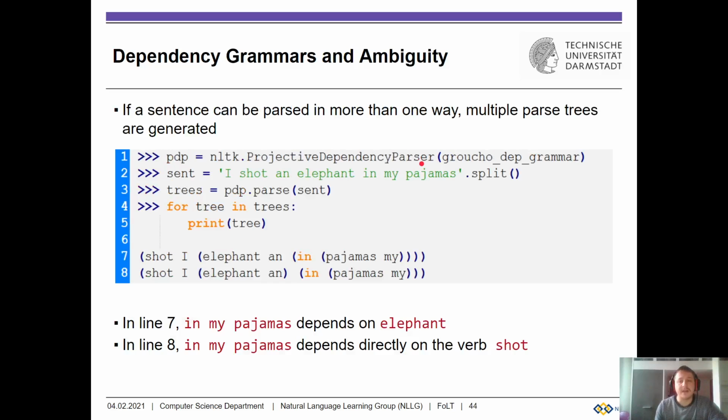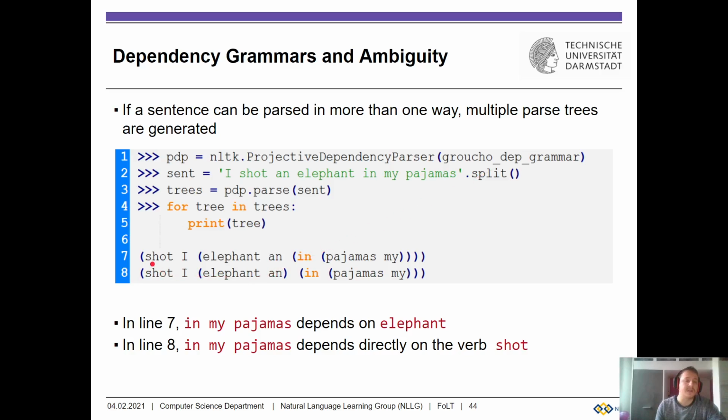And then if we have this grammar, we can feed our grammar into the NLTK object projective dependency parser, and we can apply this object to parse any new sentence. For example, the sentence I shot an elephant in my pajamas, and it will give us the possible alternative interpretations of our input sentence given our grammar.